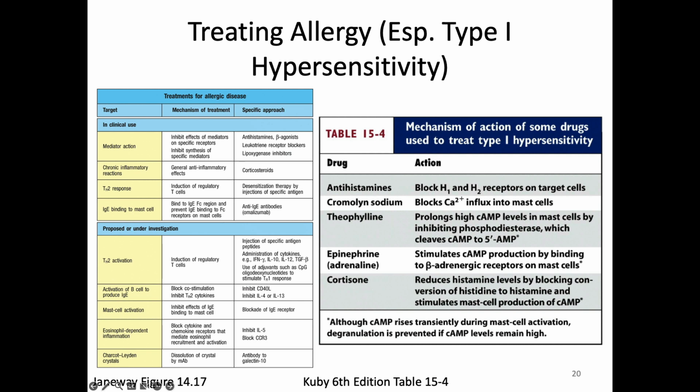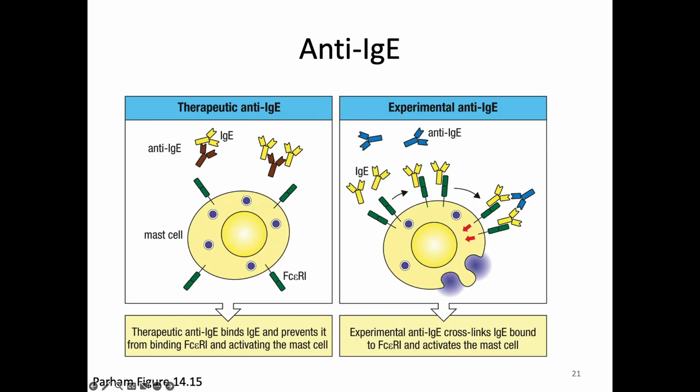So we could block IgE binding to the mast cell. There's this idea that if we were to treat people with antibodies against IgE, that would bind up all the IgE and keep it away from the mast cells. So we wouldn't have the mast cells ready to go, because the IgE would not have been bound.